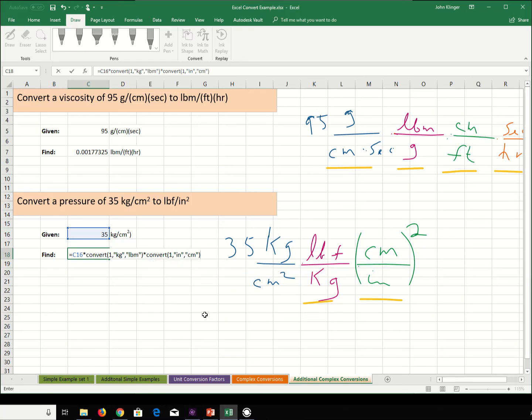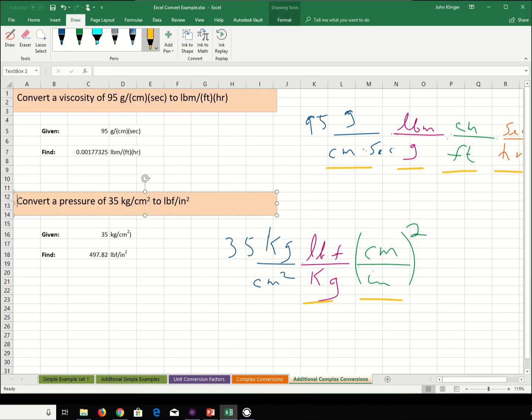And again, that needs to be squared, so shift 6, 2. All right, very good. I'm going to change this. This is actually wrong. This should be pound mass.